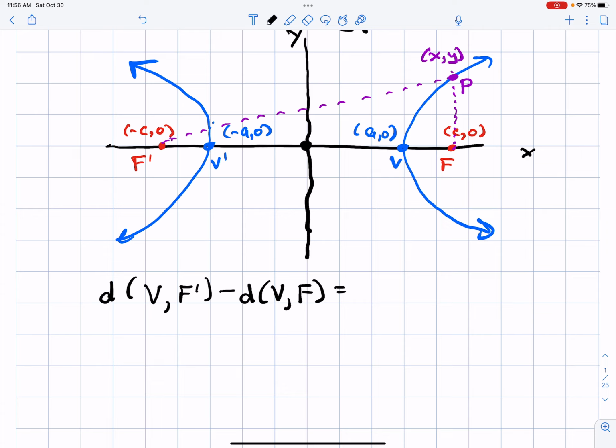The distance from vertex V to F primed is C plus A, because you have the distance C from the origin to F primed, and then the distance A from the origin to V. Then you subtract the distance from V to F: from the origin to V is A, from the origin to F is C, so you subtract C and A to see the little distance between V and F. If you work that out, you get C plus A minus C minus A, so you get 2A.